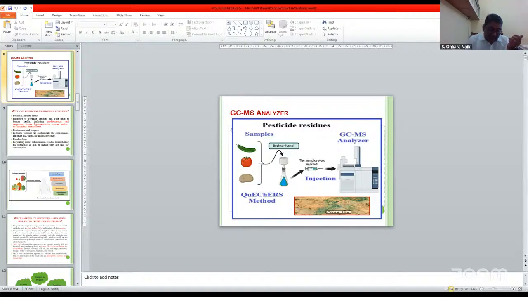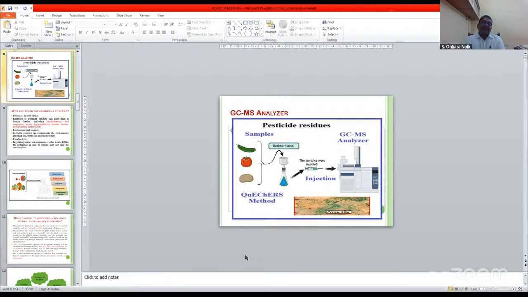As we always say, if soil is fertile, then everything will be very beautiful. Nowadays, because of these pesticides, we are killing all those microbes in the soil, and the soil is deteriorating in quality, and ultimately it will reach the groundwater.